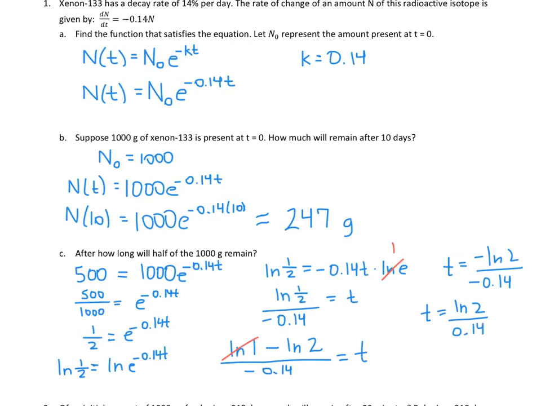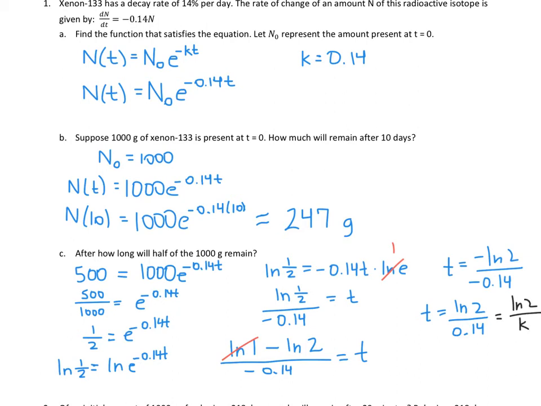Alright, so now the reason I went through simplifying what t is equal to is because if we take a look at what we have here, this is natural log of 2 divided by 0.14. 0.14 is our k value. And if you look in your notes, you should recognize that this is natural log of 2 divided by k.